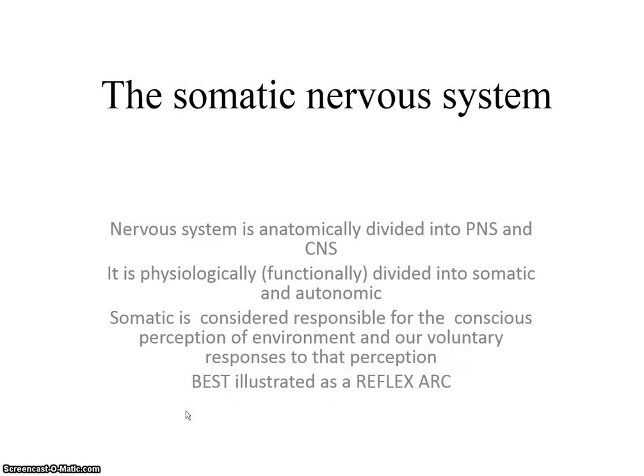And one of the classic illustrations of this is what we call the reflex arc, right? Where you do a knee jerk, right? You tap on the knee, so sensory has to occur.